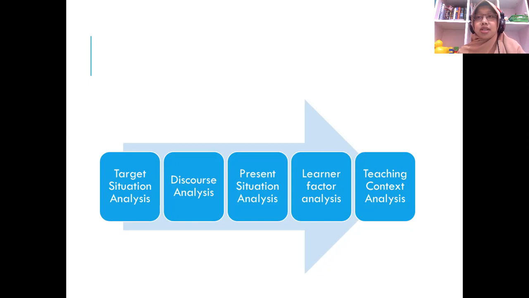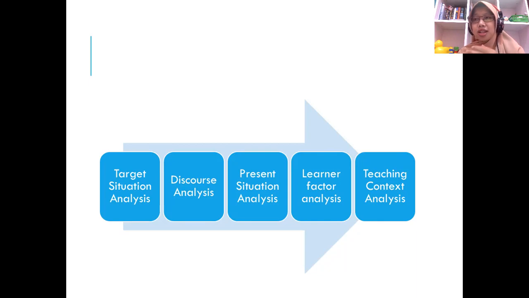And there's discourse analysis, some discourse, some vocabulary or some terminologies that are commonly used for that discipline. And then the present situation analysis, we consider the present situations of a certain discipline. And then learner factor analysis. Learner factor analysis is more about considering the learner's needs.